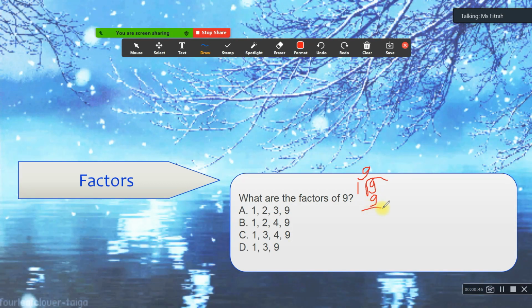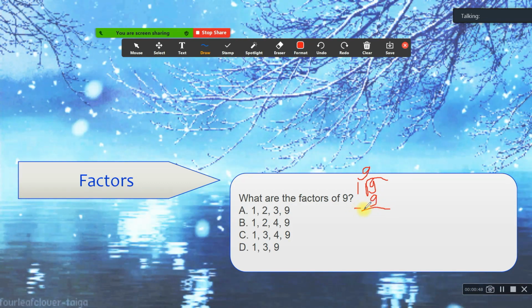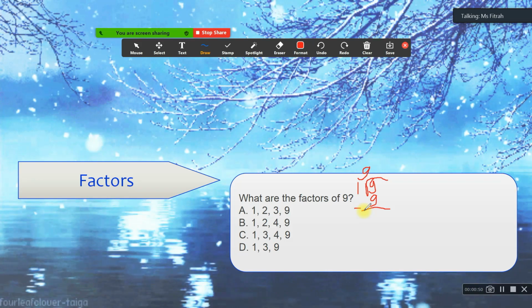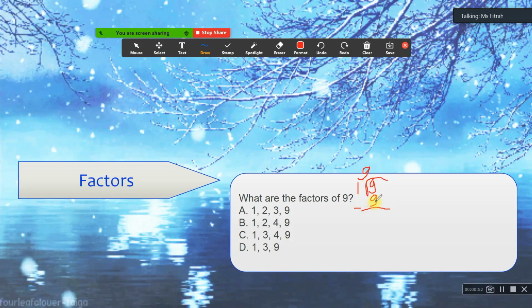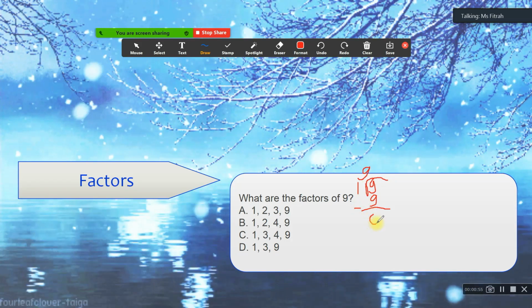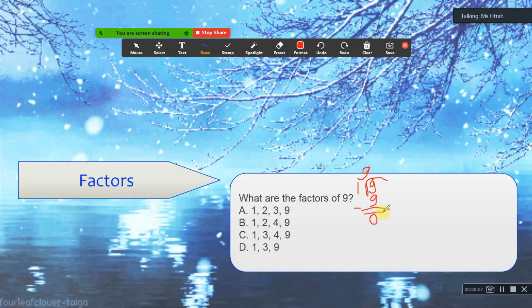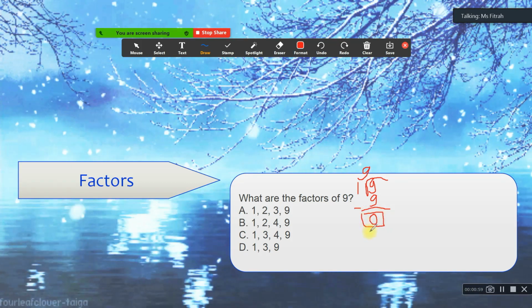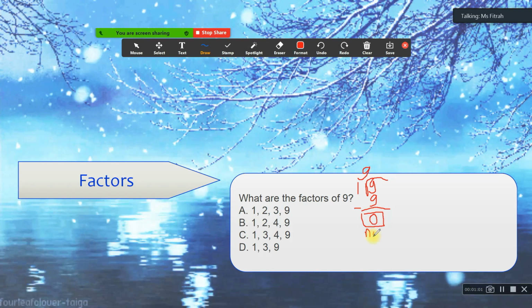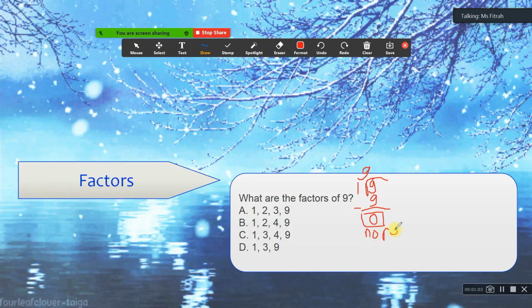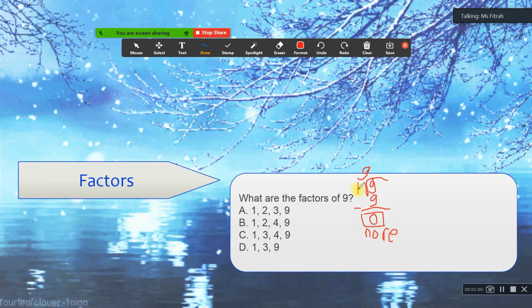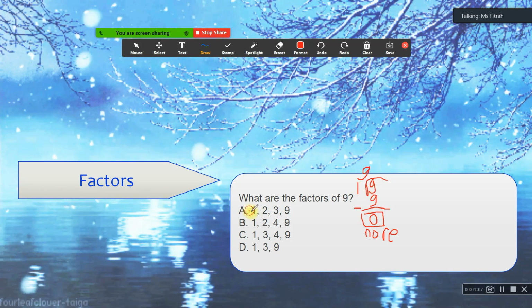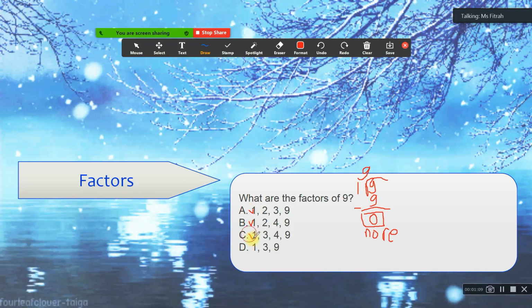And we can subtract, because division is repeated subtraction. 9 minus 9 becomes 0. So there is no remainder. So 1 is a factor of 9.